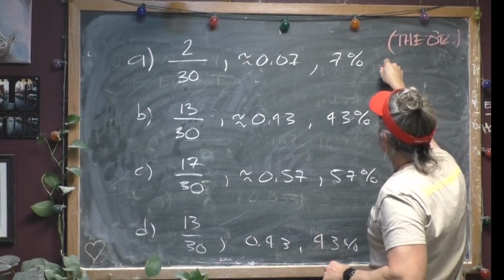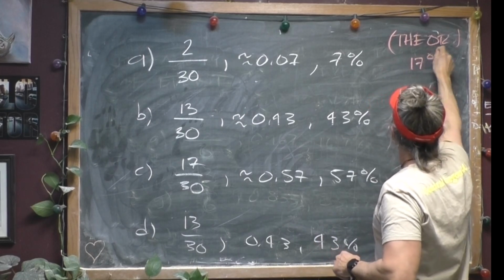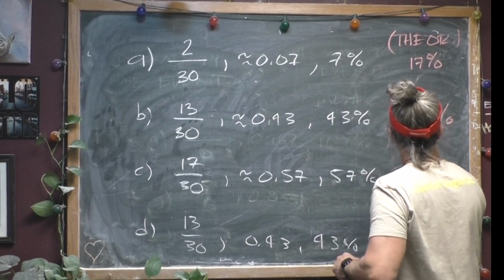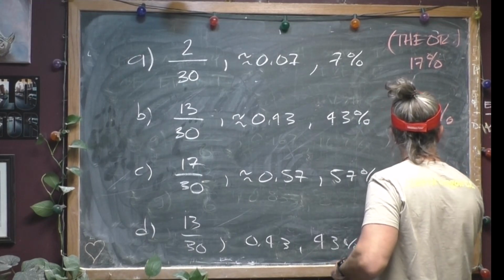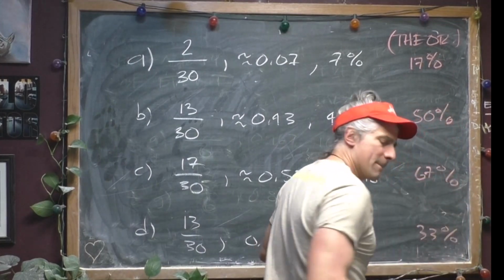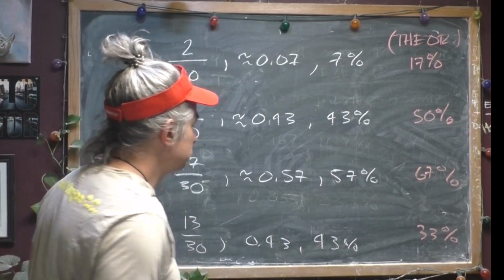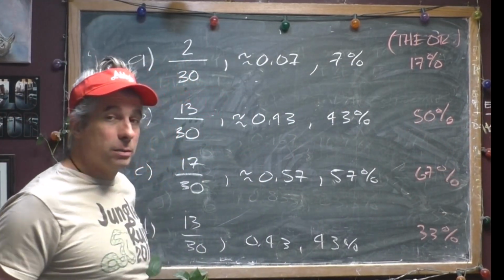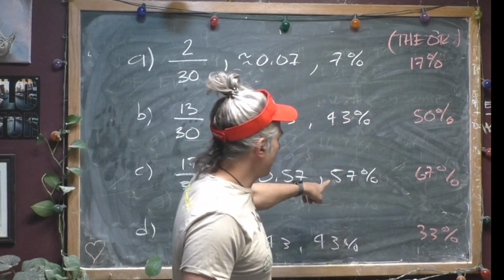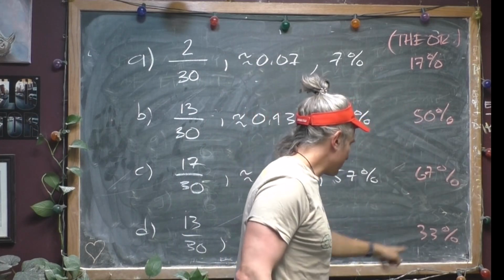Theoretical: this one was about 17%, this one was 50%, this one was about 67%, and this one was the other 33%. They don't match. Some are close. For example, those are 10% off, those are 7% off, 10% off, 10% off.